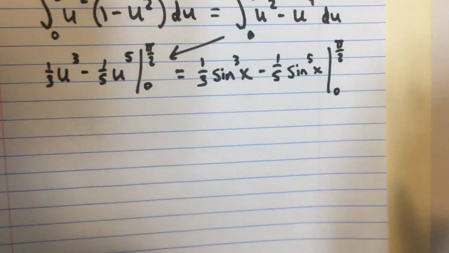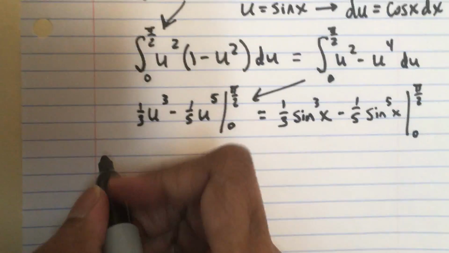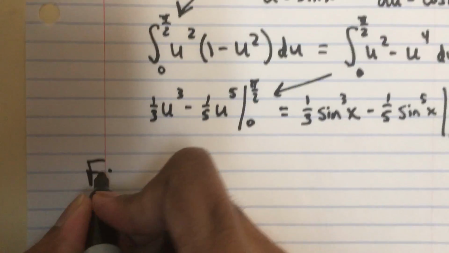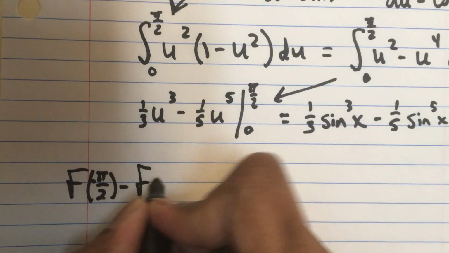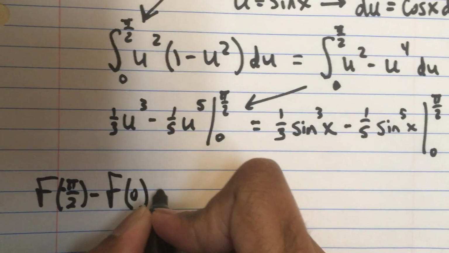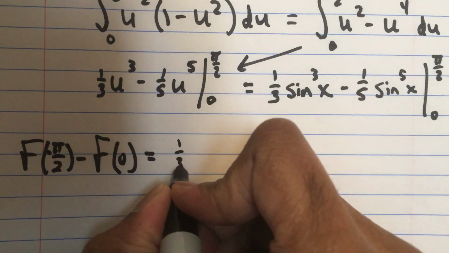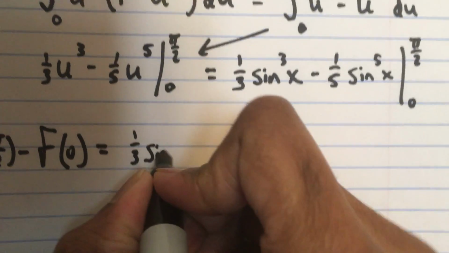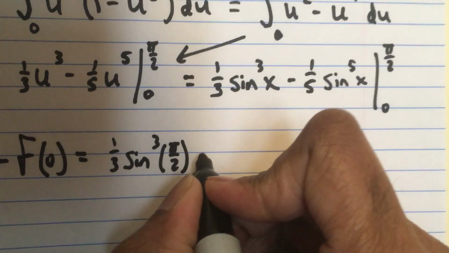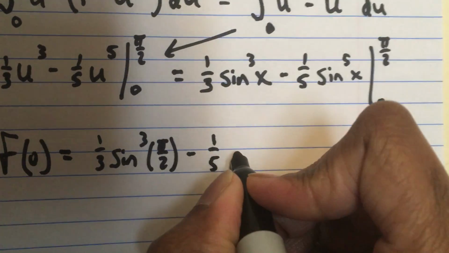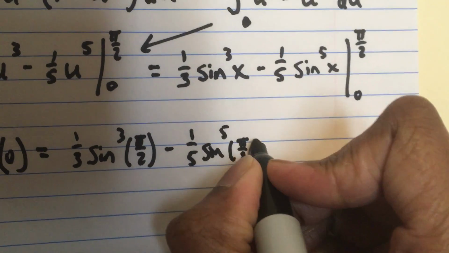All right, so what I'm going to do is evaluate the upper limit first. So I'm going to do f of pi halves minus f of 0. So that's going to equal 1/3 sine cubed of pi halves minus 1/5 sine pi halves to the 5th power.